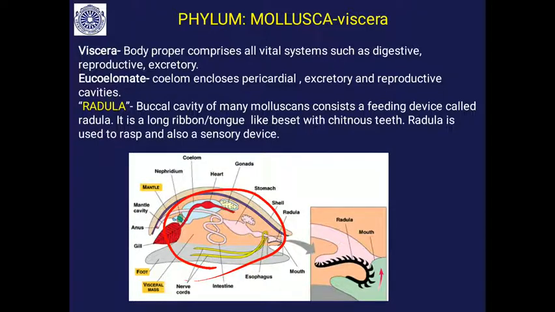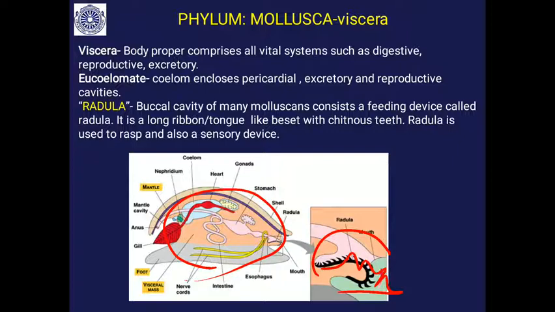Another important character in mollusca is the buccal cavity having a tongue-like structure called radula. In many mollusca this is a feeding device similar to our tongue, a ribbon-like structure beset with chitinous teeth, and it is used to rasp the food. You can see the mouth here with the tongue-like structure, the radula, used for rasping the food.